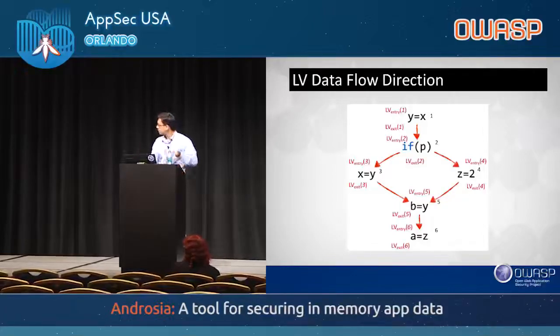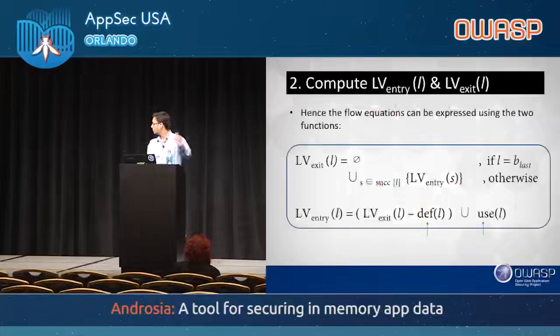And then we're going to compute LV entry 6, and so on, we'll go up in the reverse program execution order. Whenever we reach a branch condition, we're going to take a union over the entry sets of the successors. So we're going to take the union over LV entry 3 and LV entry 4 and pass it on to LV exit 2. So that's how the data flow facts flow.